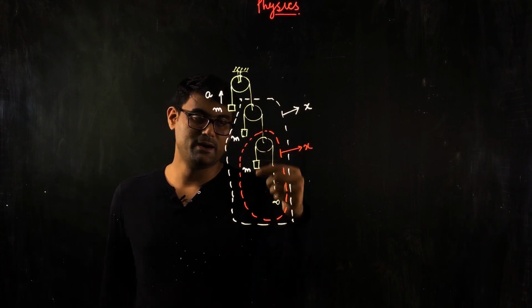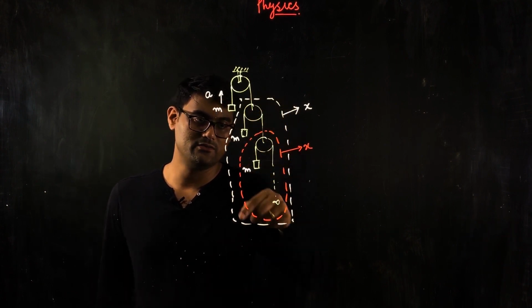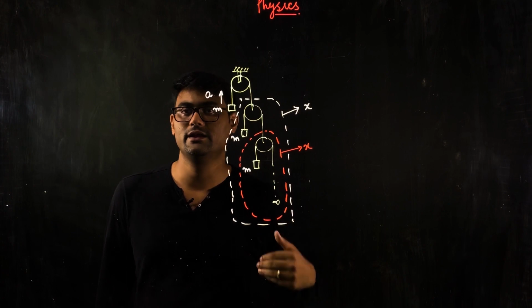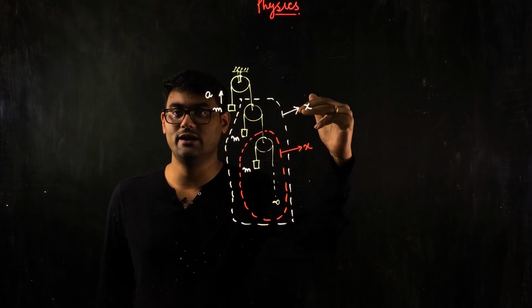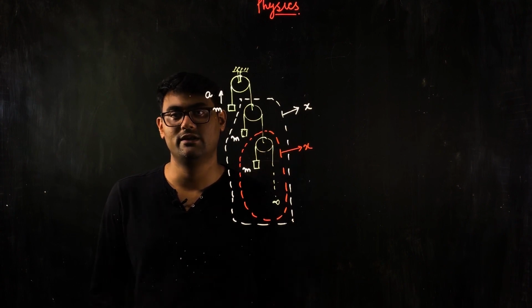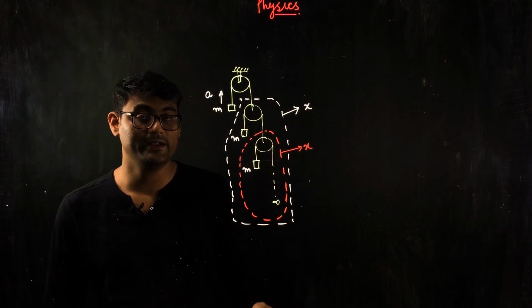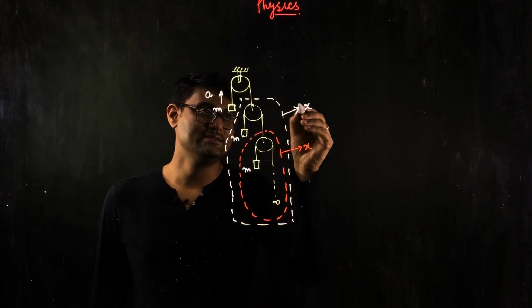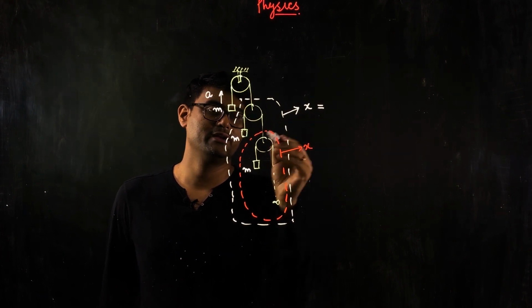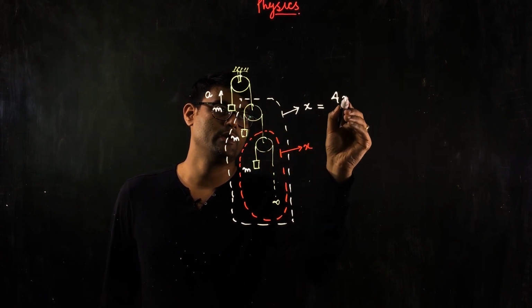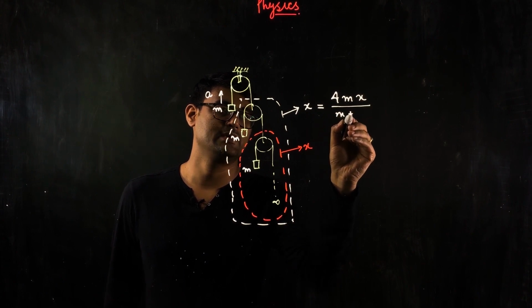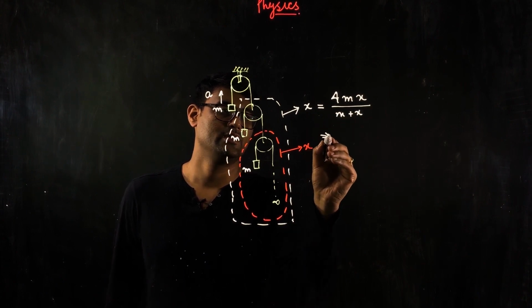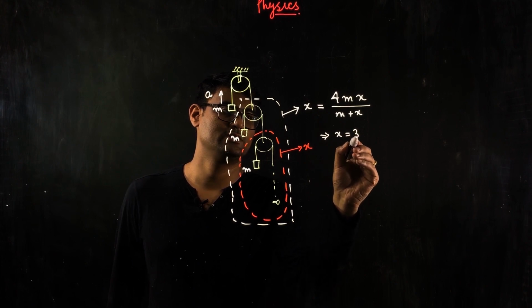Because this part is one unit less than the whole, which is an infinite system. So if this has an equivalent mass x, it must have equivalent mass x. So how do I find the value of x? Now I can say this value x can be written as 4 into m into x divided by m plus x. If I solve it, you will find the value of x to be 3m.